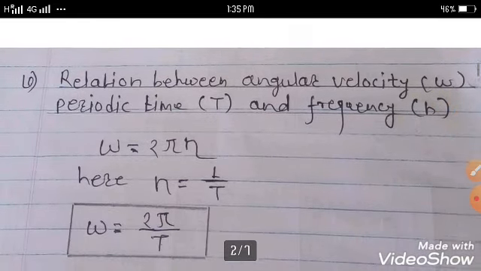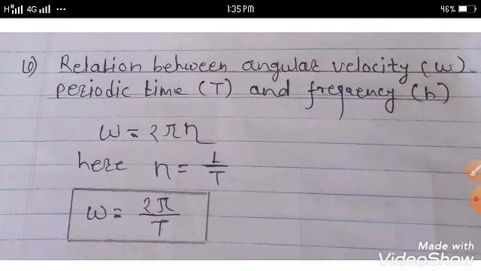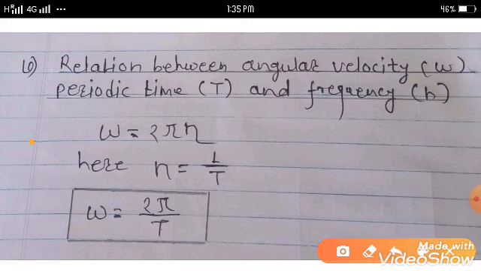Next topic, what is the relation between angular velocity omega, periodic time T, and frequency n? See this formula, omega equal to 2 pi n.